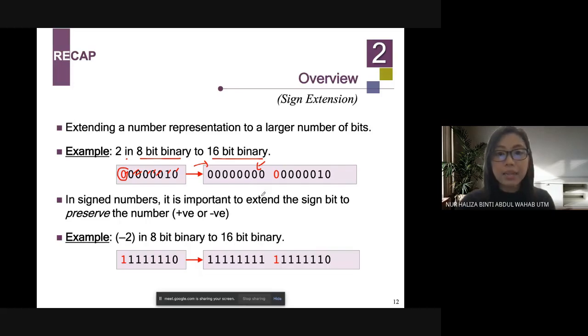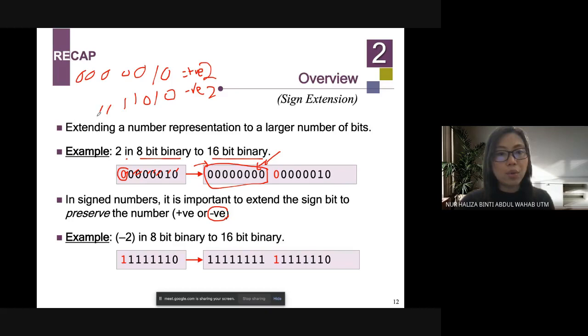But if you are dealing with a negative number, you cannot do that when converting it. Let's say for binary 1, 0, the value will be 2. So in front here should be 0, 0, 0, because this is a positive number. But if it is a negative number, you need to put 1, 1, 1, 1, 1 over here.